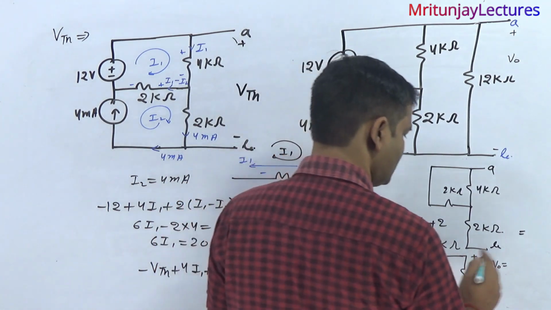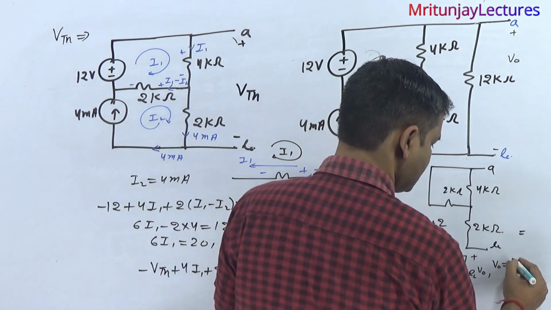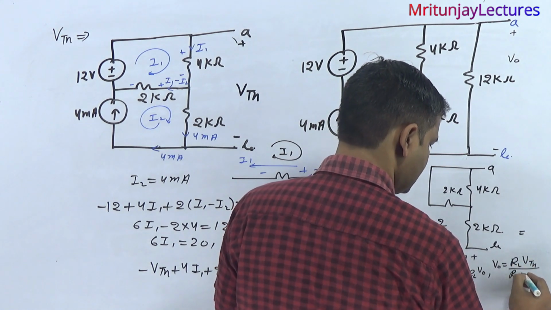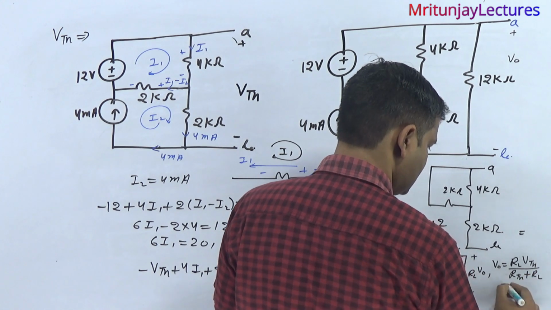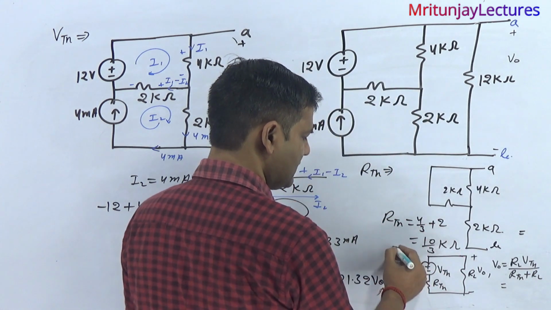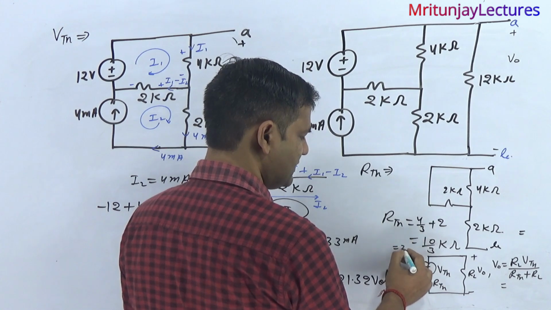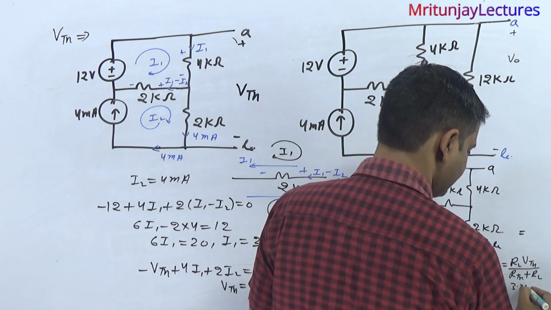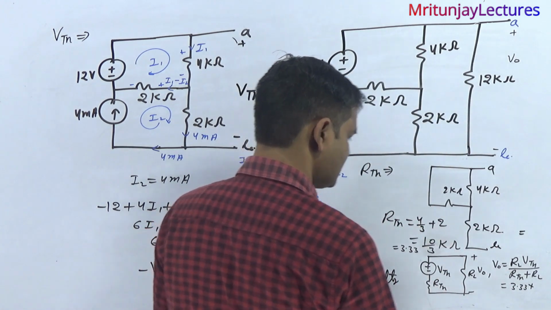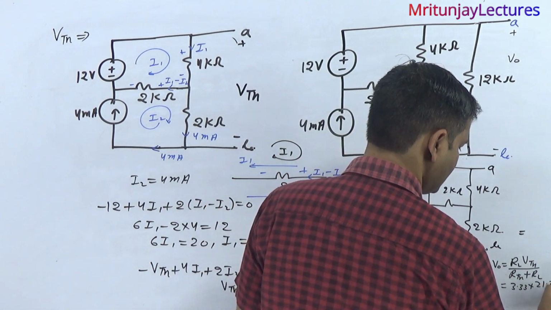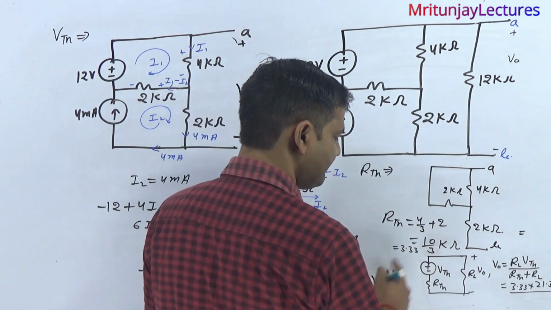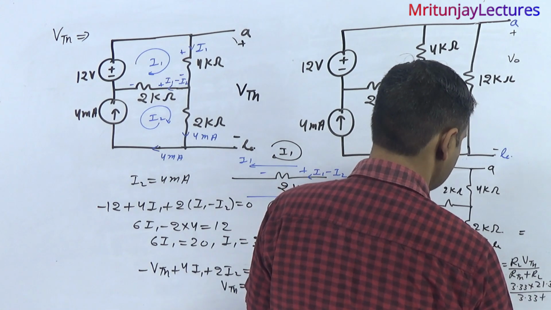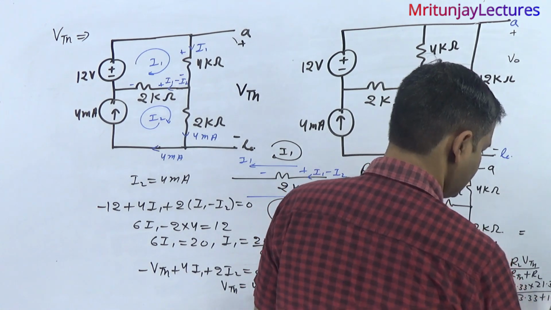V0 equals RL into VTH divided by RTH plus RL. Now put in the values: RTH is 10 by 3, that is 3.33, and VTH is 21.32, whole divided by 3.33 plus RL, that is 12 kilo ohm.